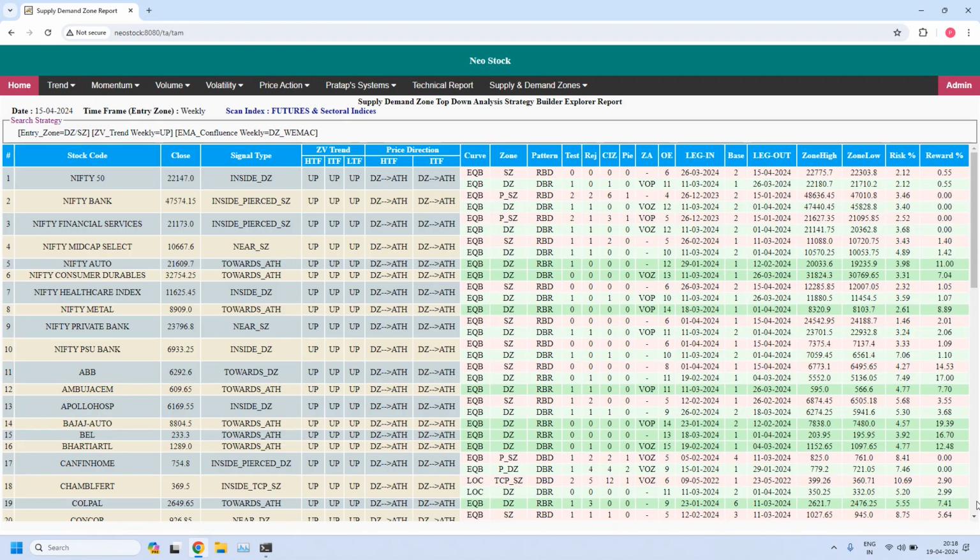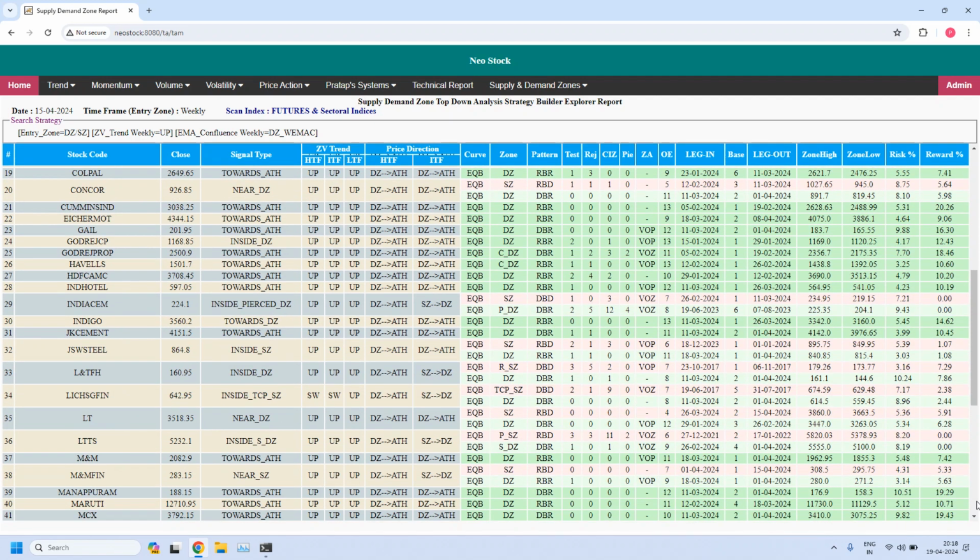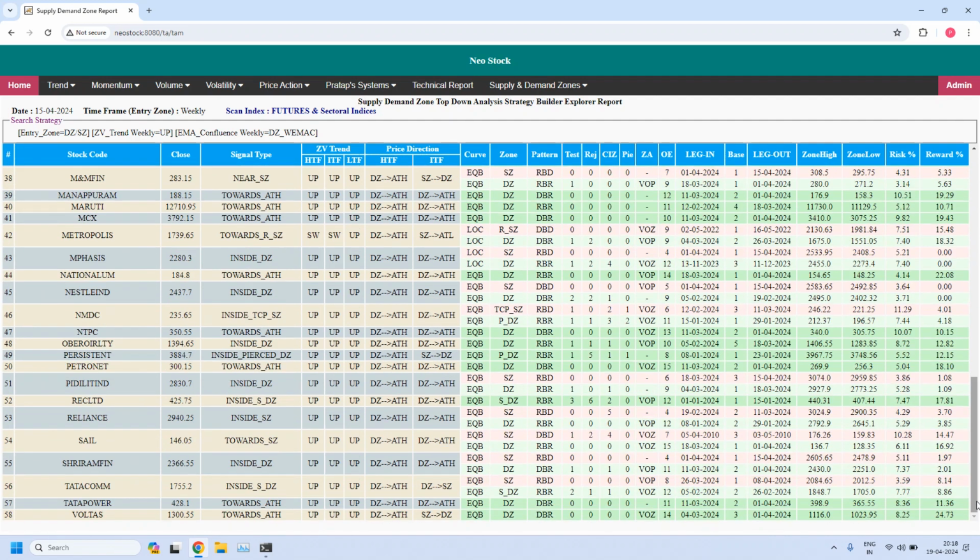So we got a big list, but let me scroll down. In total 58 stocks have an uptrend on the weekly, and also have weekly EMA Confluence.